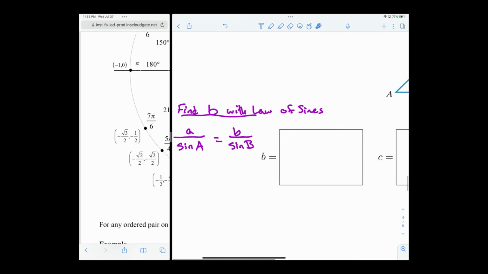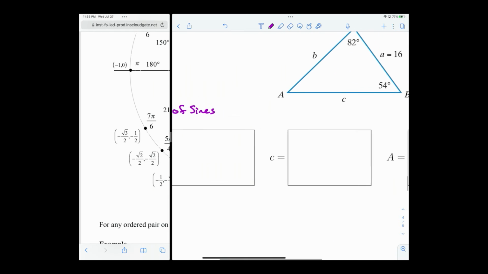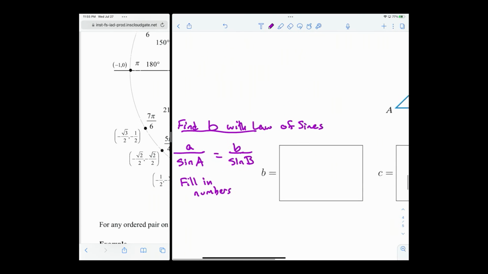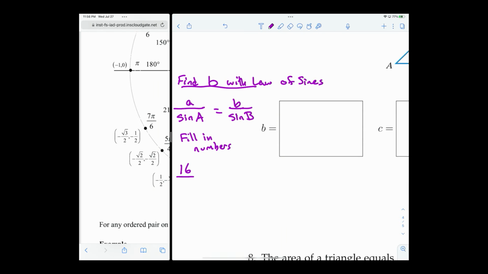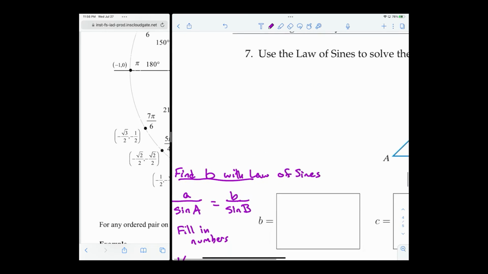So a over sine A equals b over sine B. So you write that out, then you fill in the numbers. Whatever numbers you have. So the little a is 16. Big A, I think we just found, is 44.